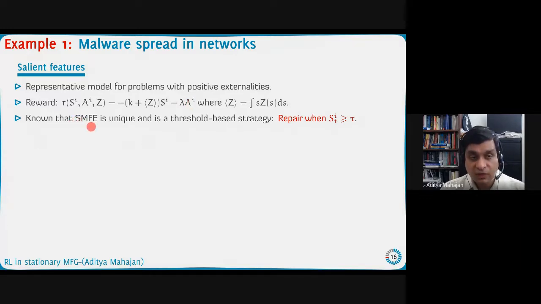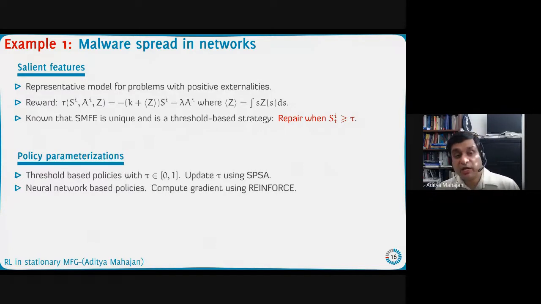It is known for this model that the stationary mean field equilibrium is unique and is given by a threshold type strategy, which is that the agents take a repair action whenever their state deteriorates more than a particular threshold. So to run numerical examples, we considered two policies.